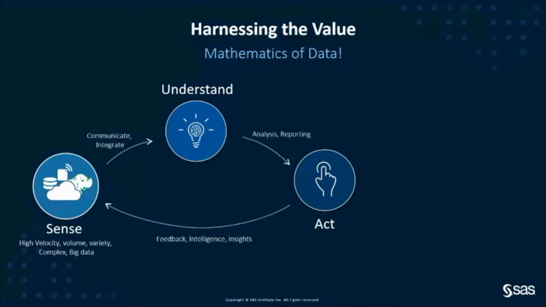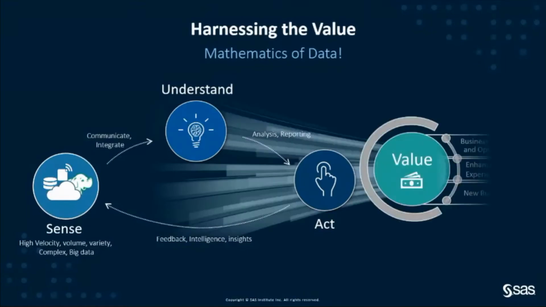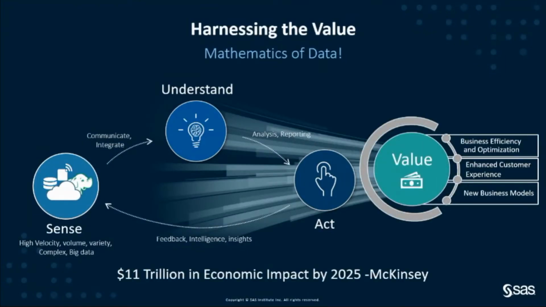So we have this feedback loop, where we can either store the insight so that it can be used later, or it can be directly streamed so that we take the right actions at the right time. And we are seeing how we are getting value out of it. Businesses are running more efficiently and in an optimized way, customers are getting better experiences, and we are creating new business models that generate more revenue.